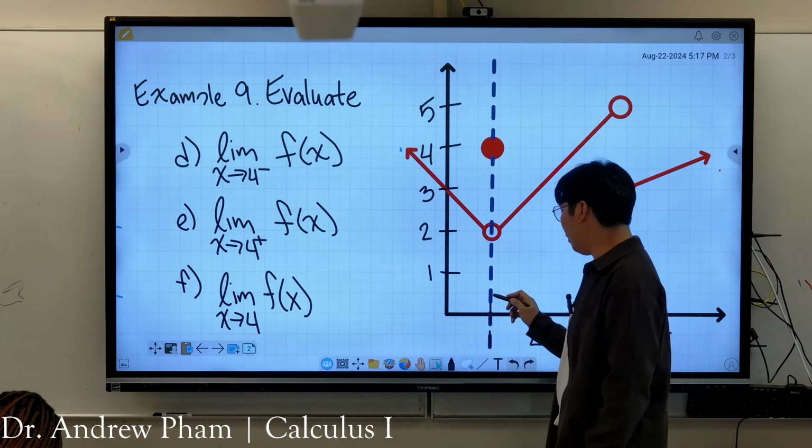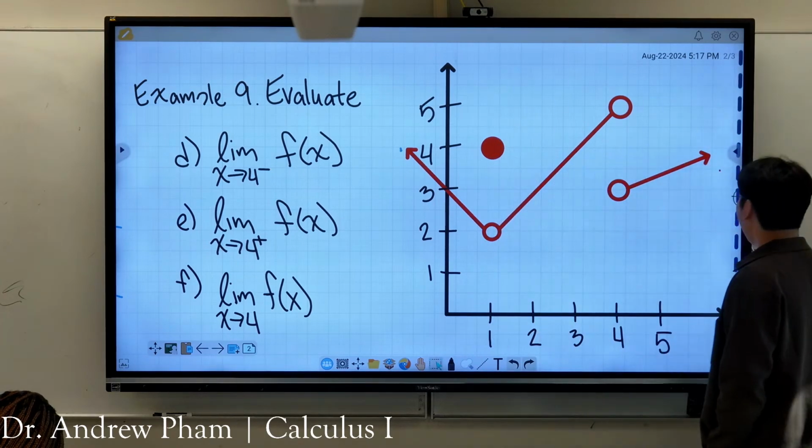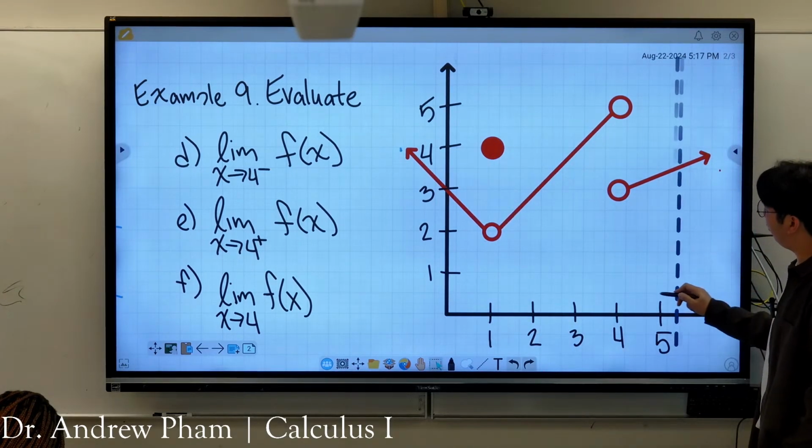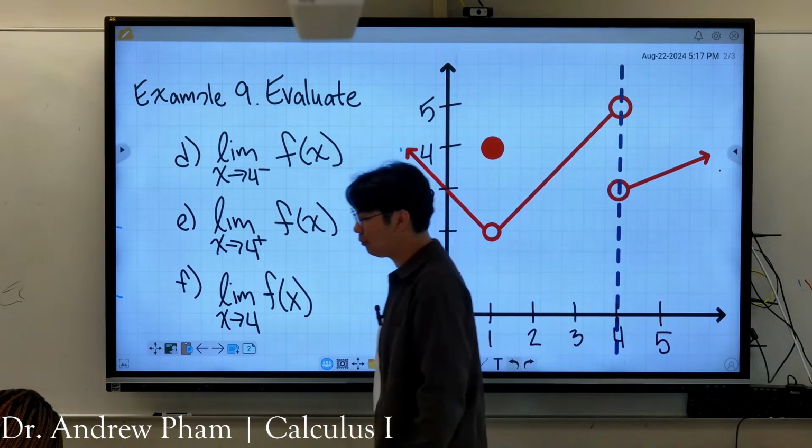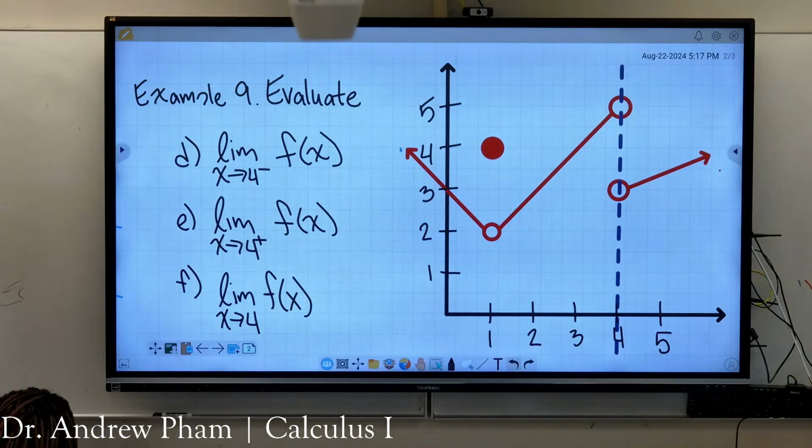All right, so once again, what x value am I focusing this time on? 4. So let's draw our sort of imaginary guideline at 4. So without me drawing the visual representation, what do y'all think the limit as I approach x as I approach 4 from the left is?